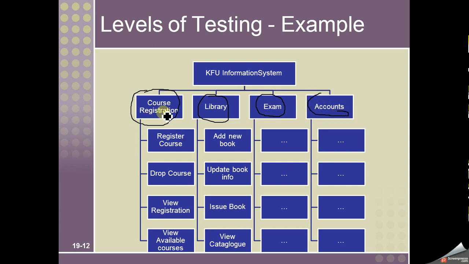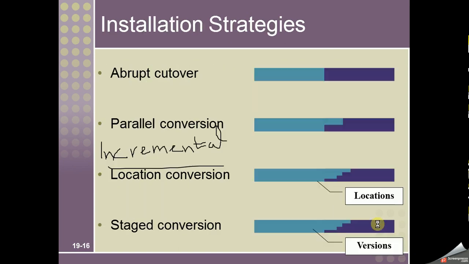So what we do, first of all, we convert course registration system to the new system. So here this represents course registration system. We change course registration to the new system. For all the other modules or subsystems, we are still using the old system.